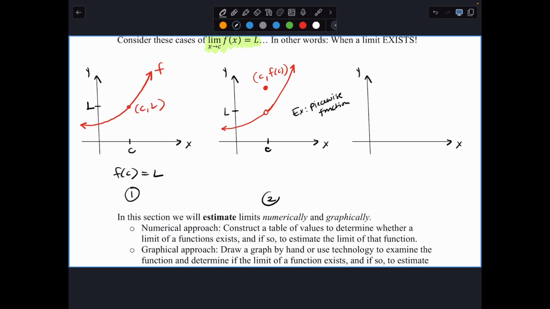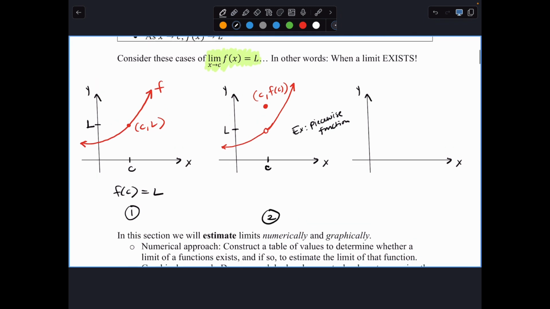So in this case where the limit still exists, f of c is not equal to L. If we were tracing our fingers along the graph, getting in the neighborhood of x equals c, wouldn't we want this function value to be L?